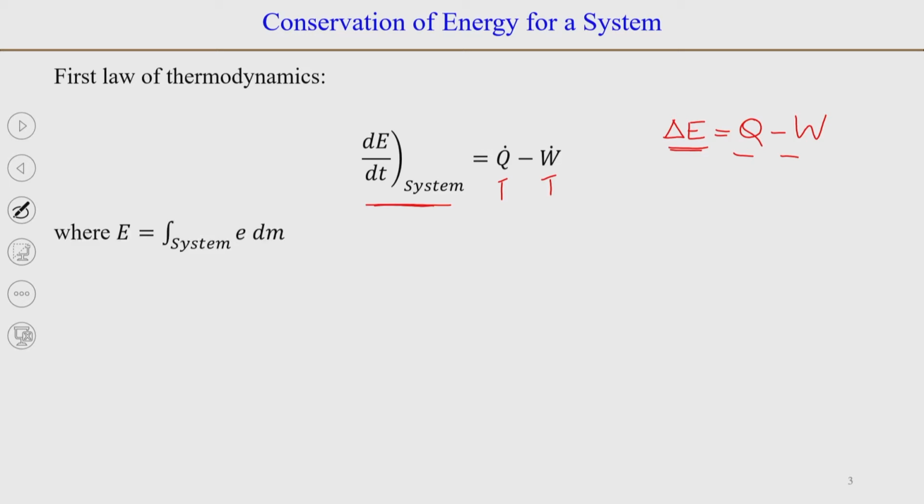Now, for this capital E, the corresponding intensive property, as I said, is small e, which is called the specific energy of the system. So, dE is equal to e dm.